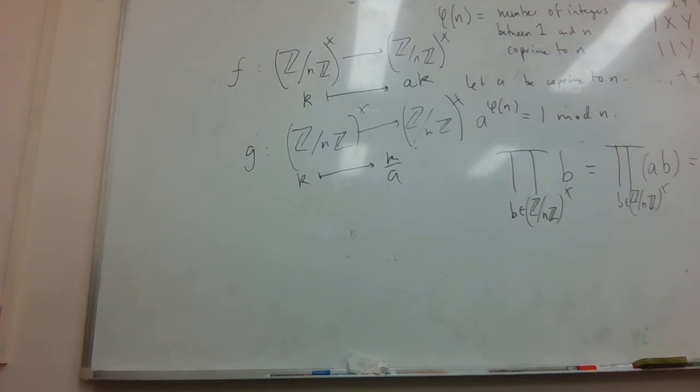Take a mod n. So pi is the product of all of them. But the point is, it doesn't matter what it is. It's the same on both sides, so you can cancel them, because these are all invertible. And what do you get when you cancel them? a to the phi(n) equals 1. Michael is big brain.